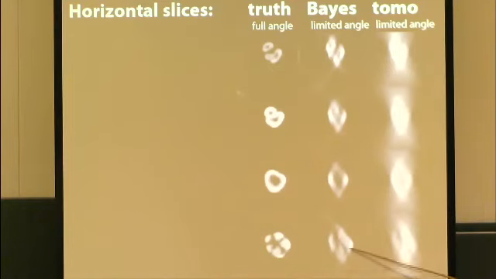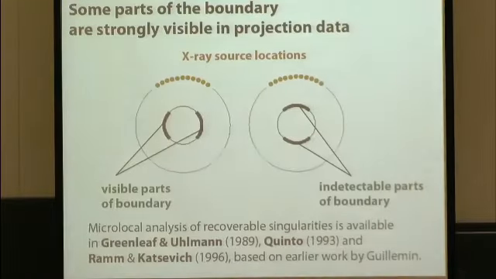As you see, this picture is prolongated in one direction. What is the reason for this? It is known that one can see only some parts of the singularities.